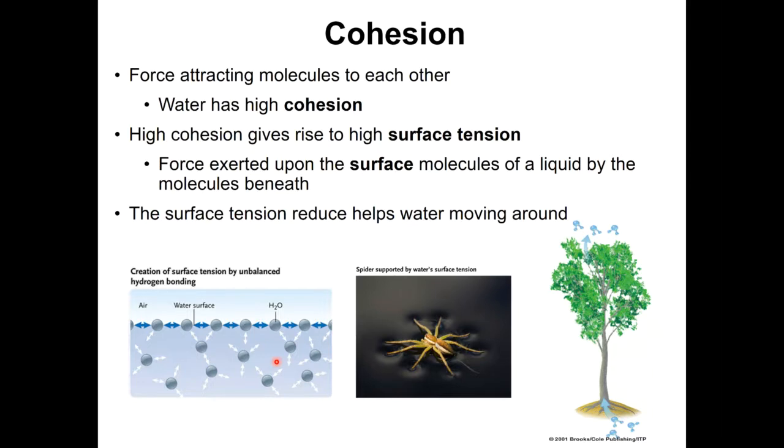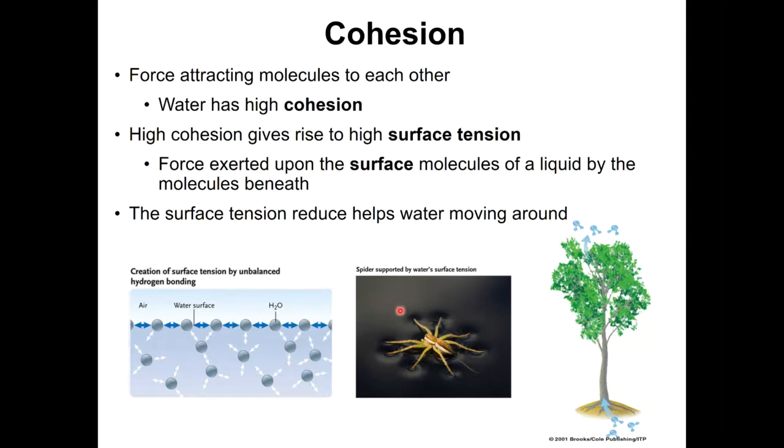Okay. And now this is exerted also on the surface molecules. So if these are the water molecules at the surface, they are pulled down very tightly through the hydrogen bonds by the other water molecules. And also they connect with each other very tightly through the hydrogen bonds. So this gives origin to what is called the surface tension, which is a force exerted by these molecules.